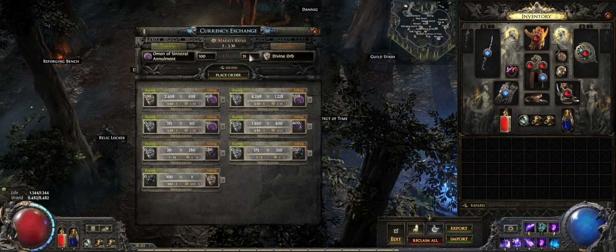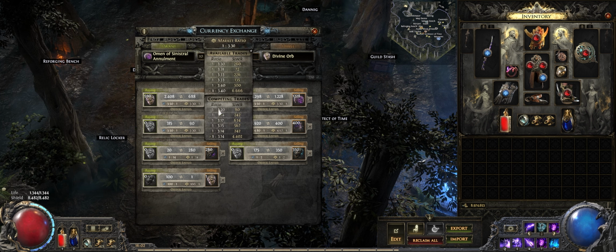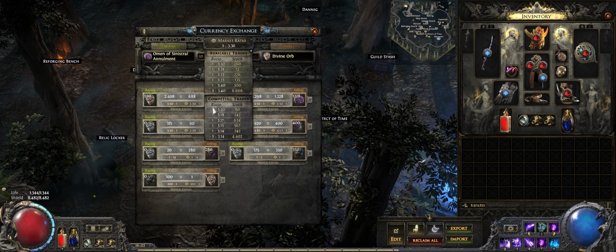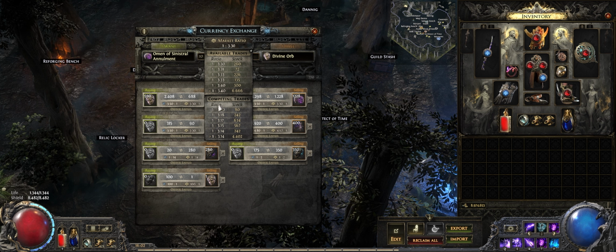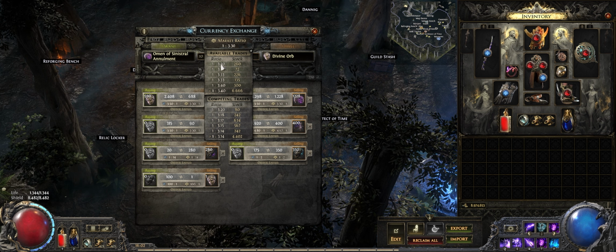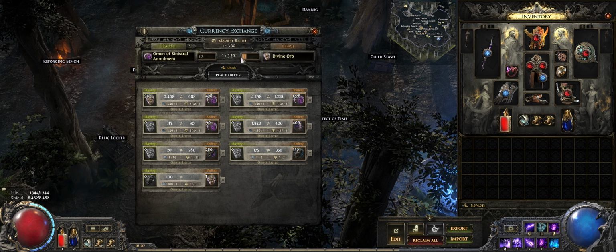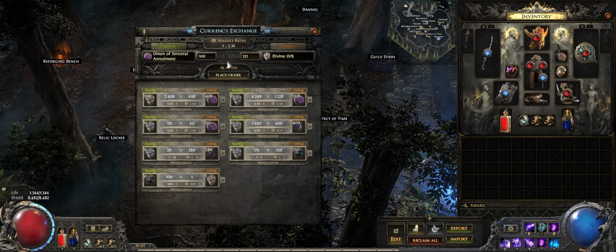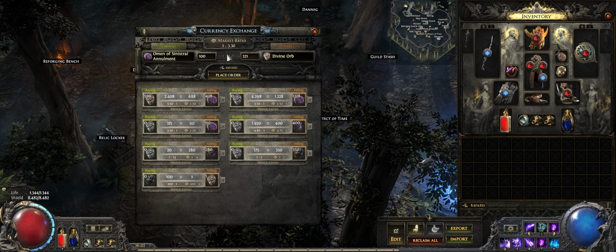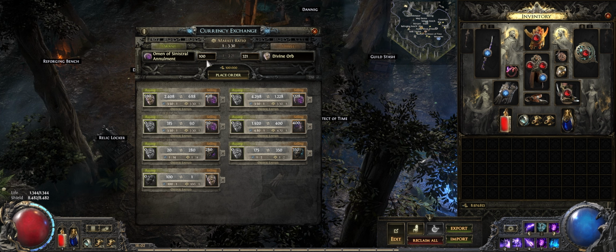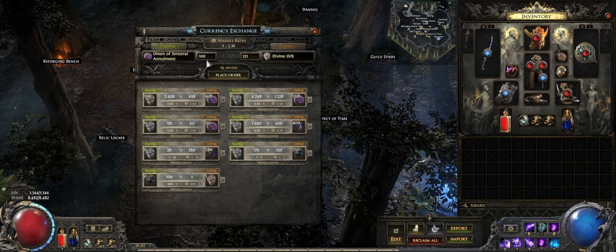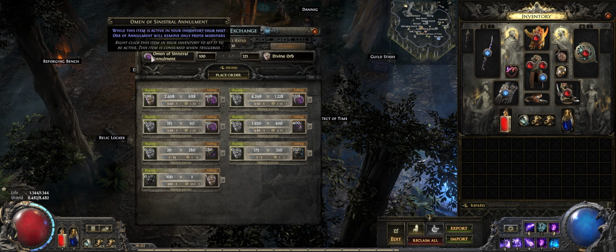Or if you were margin trading and you were trying to buy some Omen of Sinistral Null at this price right here, or maybe a bit higher, and then sell at this price right here, you could just put in 321 for 100. But sometimes you do not have that many divines, or maybe you are just trying to test the waters for a currency, or you're even trying to use that currency to do anything inside the game.